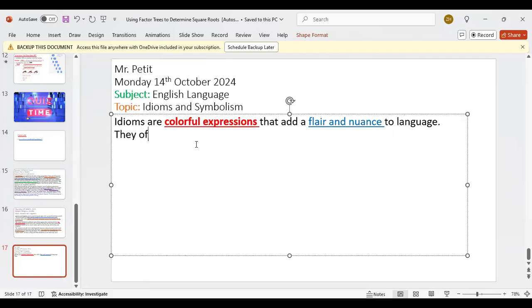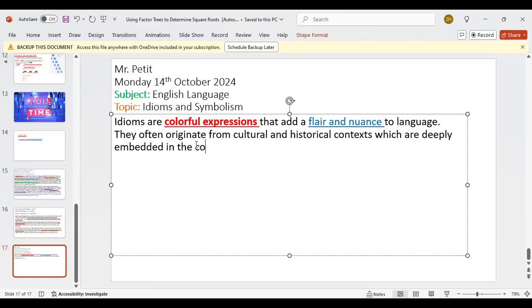Okay, they often originate from cultural and historical contexts, which are deeply embedded in the collective consciousness of a language community.